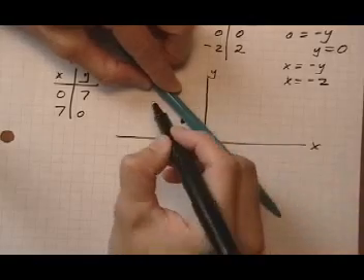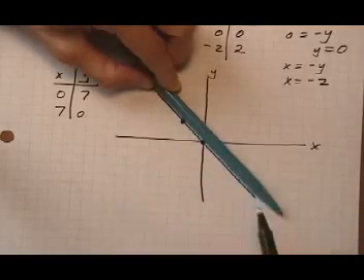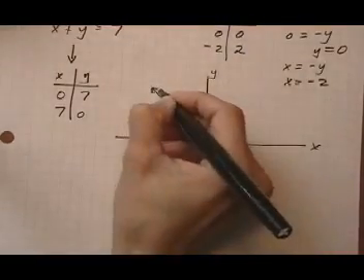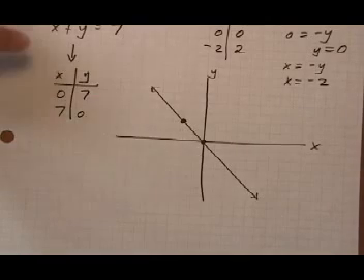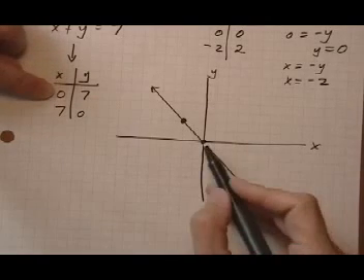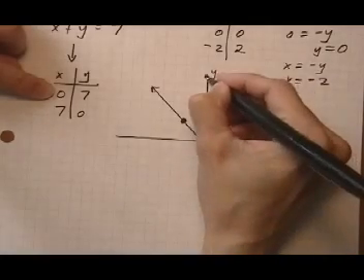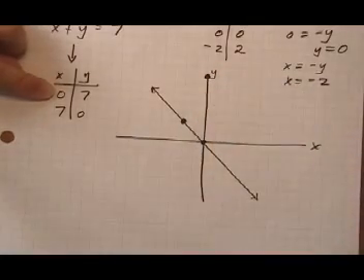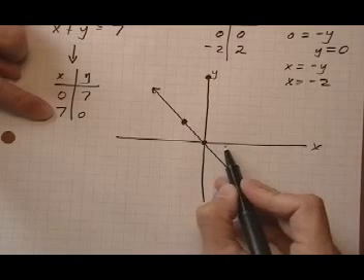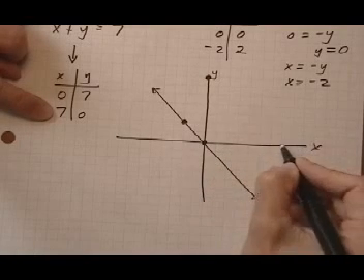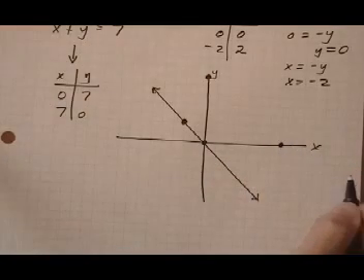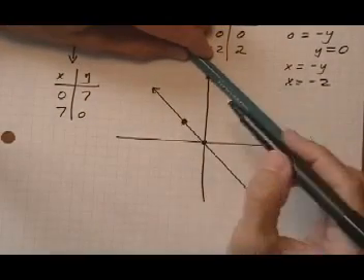Draw a line through those, and that's our first line. For the second equation, we have 0, 7. So 0, 1, 2, 3, 4, 5, 6, 7. It's right up here where I wrote my y. And 7, 0. 1, 2, 3, 4, 5, 6, 7, 0. Let's make another line here.